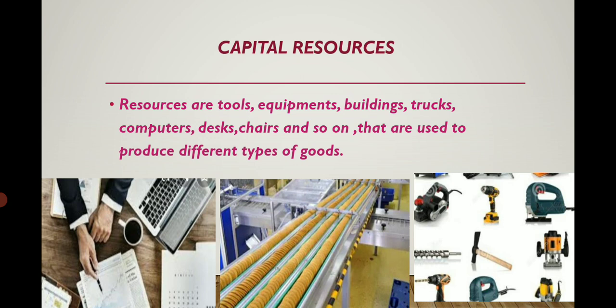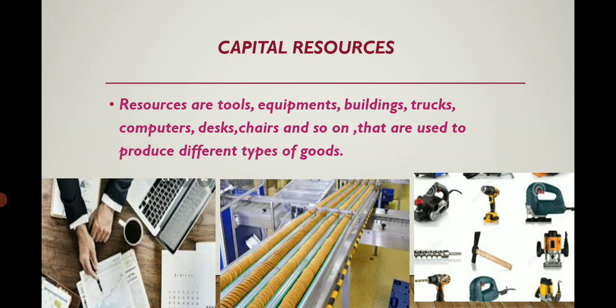Next, let's talk about the capital resources. Capital resources are tools, equipment, buildings, trucks, computers, desks, chairs, and so on, that are used to produce different types of goods. So for producing different types of goods, you need different types of tools, equipment, and buildings.